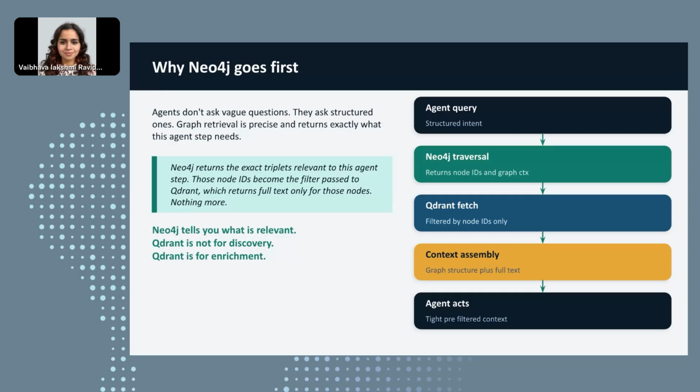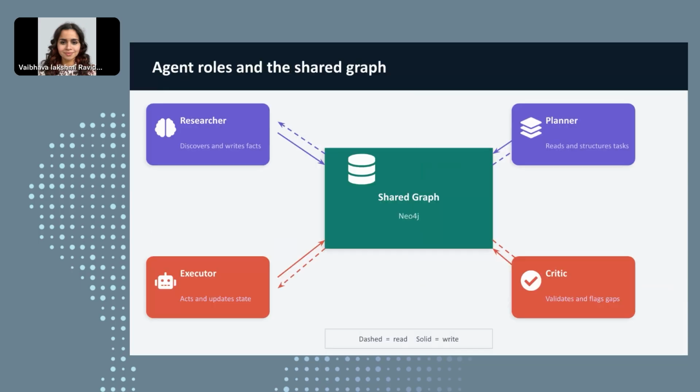Quadrant is not here for discovery, it is for enrichment. So this matters because your agent's context window is not filled with, let's say, the top K semantically similar chunks from a giant corpus, but it is filled with precisely the content attached to the entities your graph already determined were relevant. So that's fundamentally different and a more reliable context, I would call it.